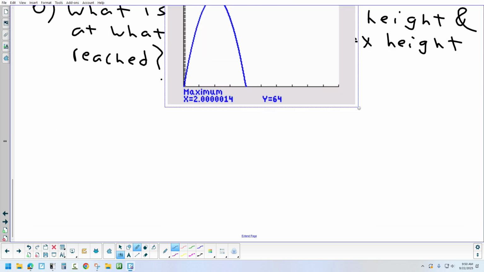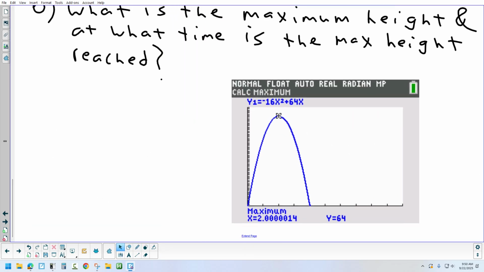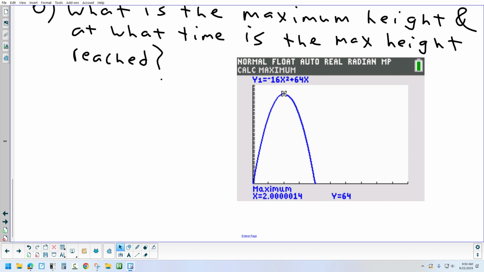Let's see if we can interpret what that means. How high do you think the rocket goes? Yep, max height. That's the Y value. That's the height. 64 feet. And we're going to round our answer because remember, it's 2 seconds. Yeah. So the max height is 64 feet.